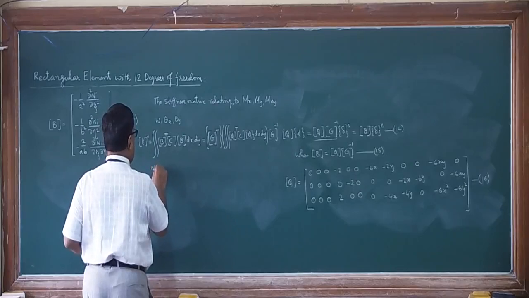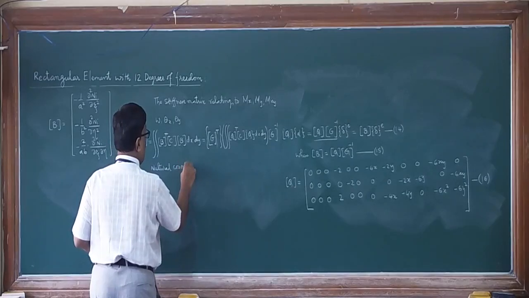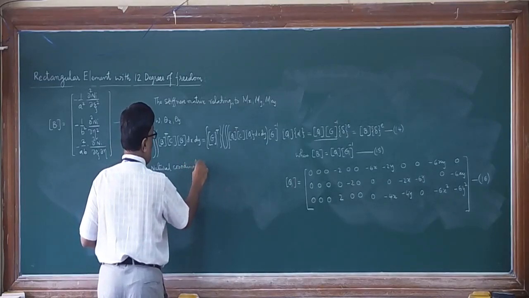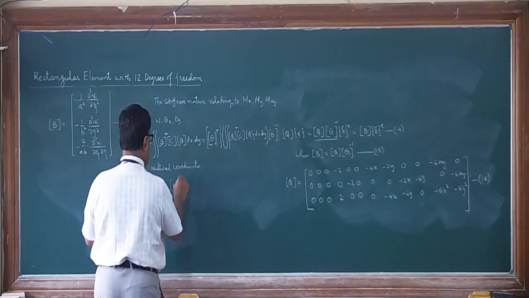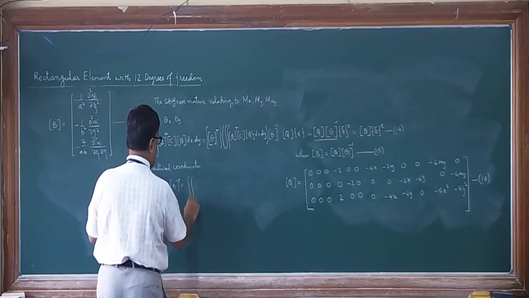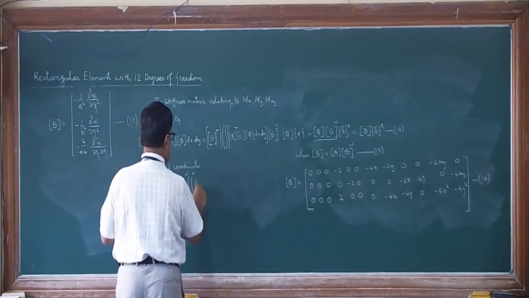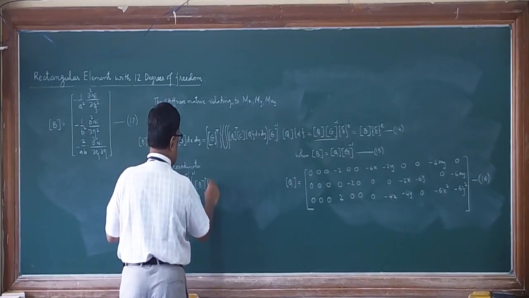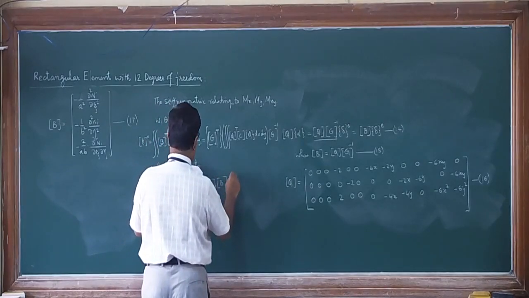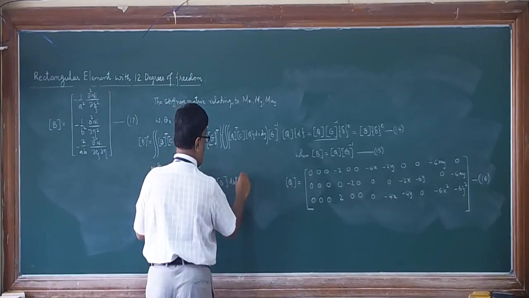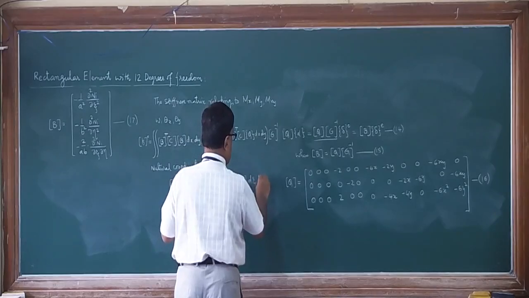In natural coordinates, if you want to write, that is G, d zeta and d eta, in terms of that, Ke is written -1 to +1, -1 to +1, B transpose C B into determinant of J. This is, of course, I'll write it as determinant of J into d zeta d eta.